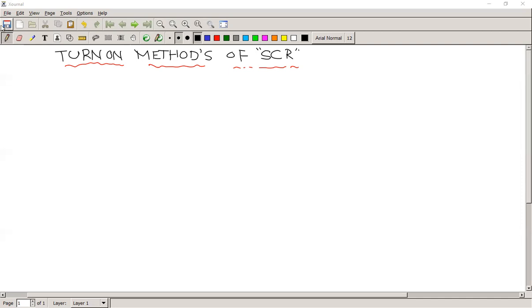The first method is the forward voltage turn on method.